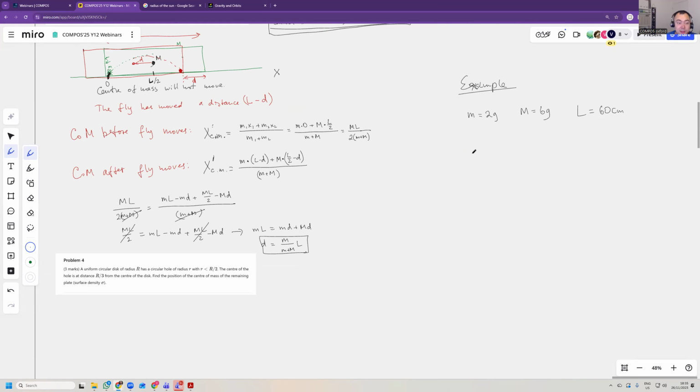As the fly moves from one end of the can to the other, well, it doesn't actually move 60 centimeters, it only moves 60 centimeters relative to the can, but not to the ground. So this d would be 2 divided by 8 times 60, equals 15 centimeters. So the can would move 15 centimeters.